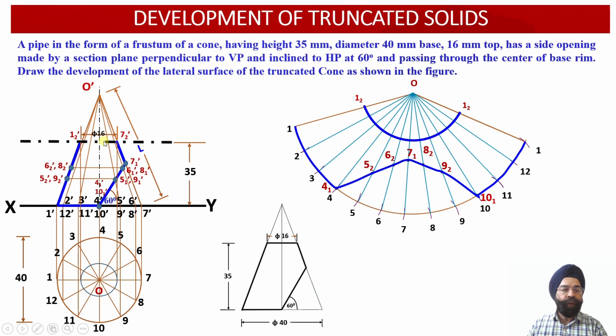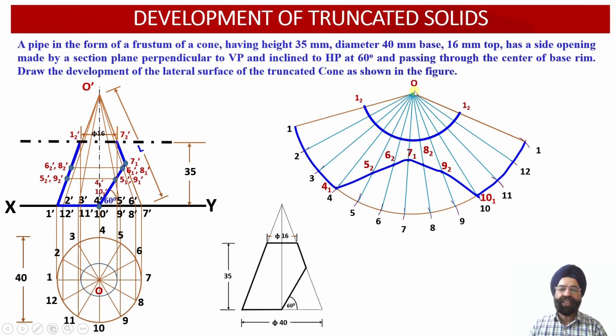But all of those points of intersection will be converging with either 12 dash or 72 dash. So only one radius we are going to obtain, it can be either O-12 dash or O-72 dash.